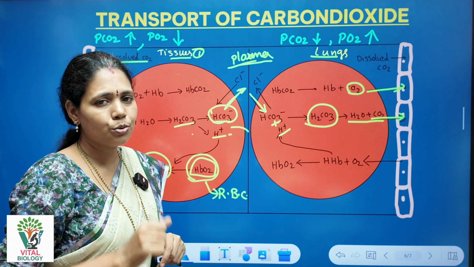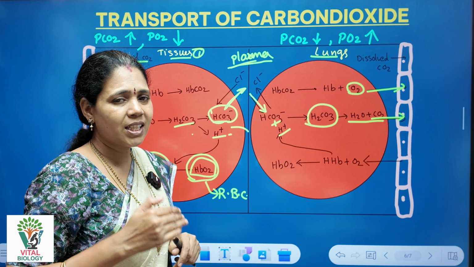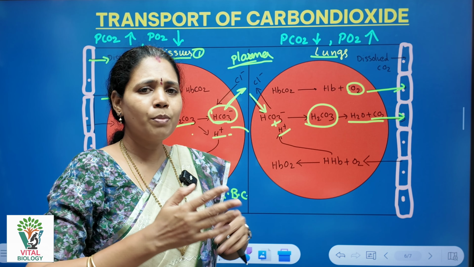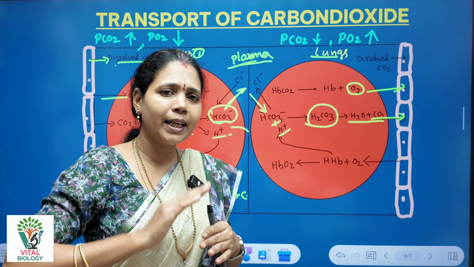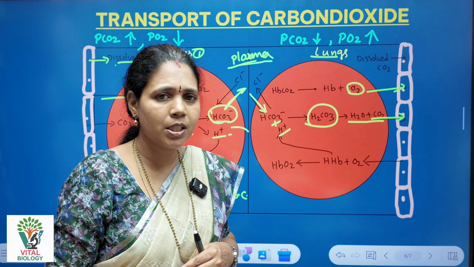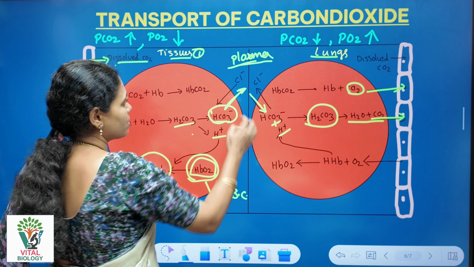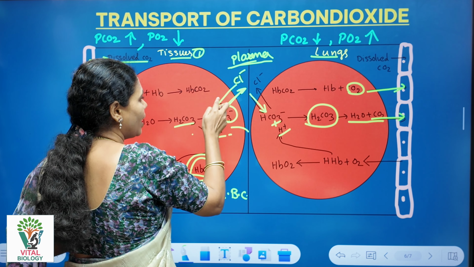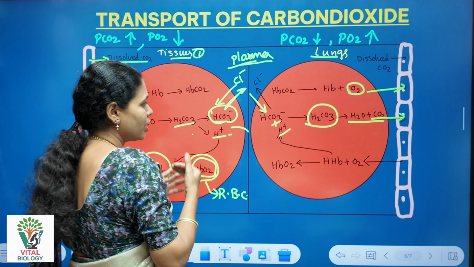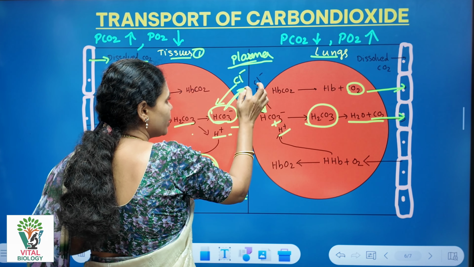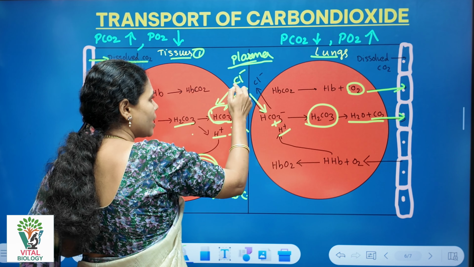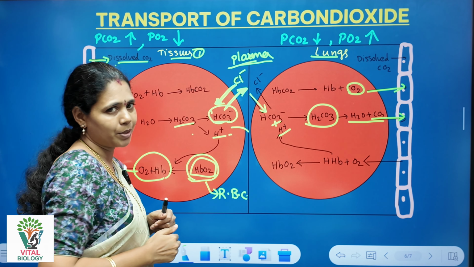Once this negative charge enters the plasma, to maintain the ionic balance inside and outside the RBC, the chloride ions, which you can see here, move into the RBC. In exchange, bicarbonate ions move into the plasma and in turn the chloride ions from the plasma move into the RBC.